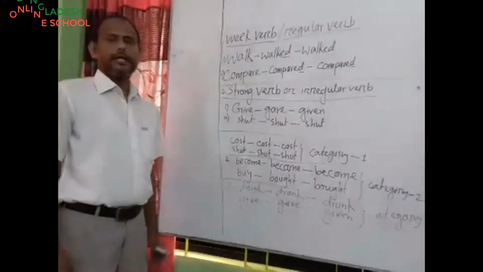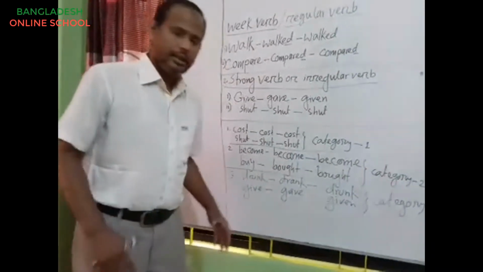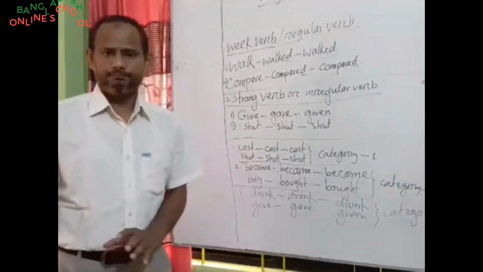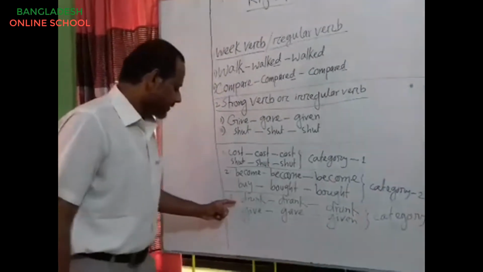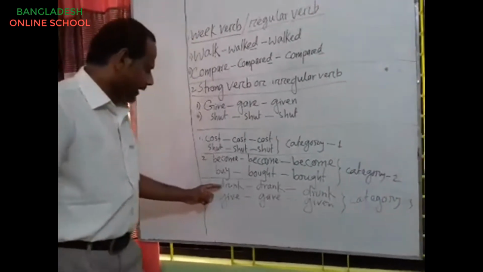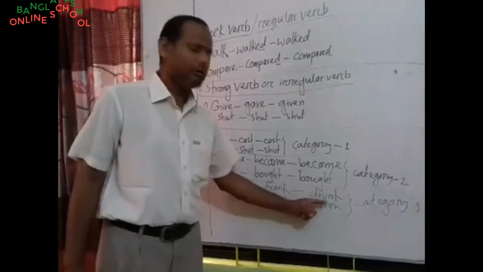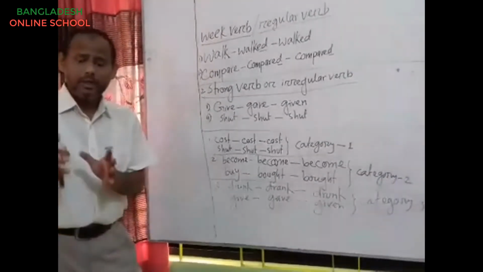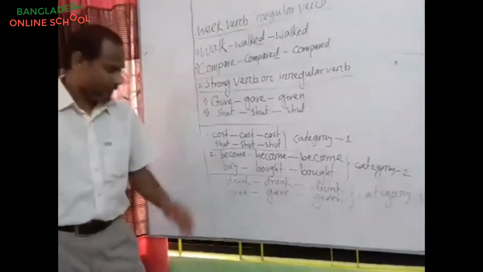And go to category 3. In category 3, the three forms are different from each other. Let's see example. Drink, present form, drank, past form, drunk, past participle form. The three forms, base form, past form and past participle, are different.